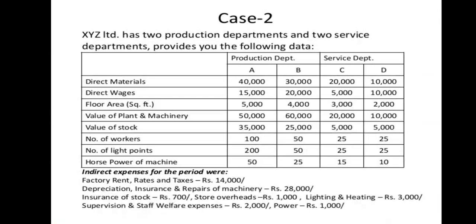So these indirect expenses given for the period were factory rent, rates and taxes 14,000, depreciation, insurance, repairs of machine 28,000, insurance of stock rupees 700, store overheads rupees 1,000, lighting and heating 3,000, supervision and staff welfare expenses 2,000 and power 1,000.